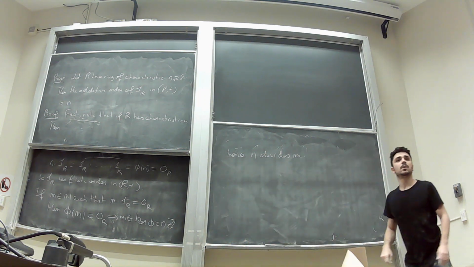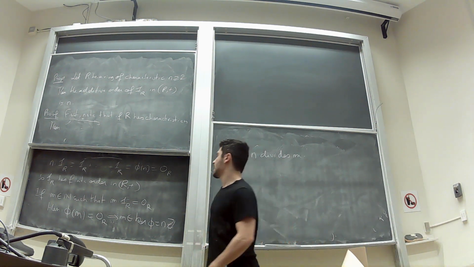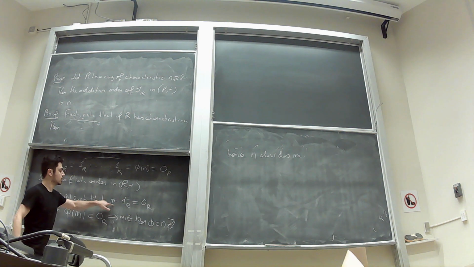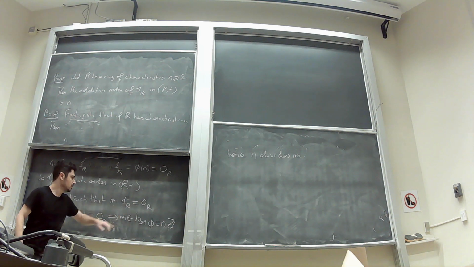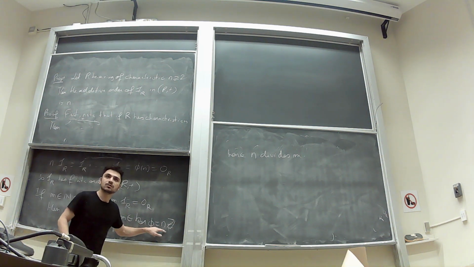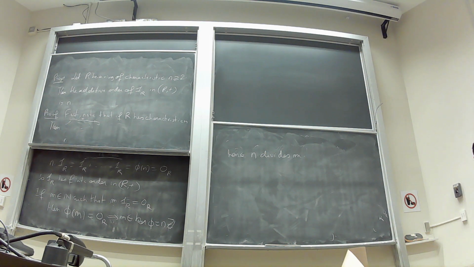So what is the least positive integer that I hit 1 with, that I add 1 to itself that many times to get 0? In that case, n. So if I add 1 m times to itself and I get 0, then m must be greater or equal to n, right? In fact, m must be divisible by n.